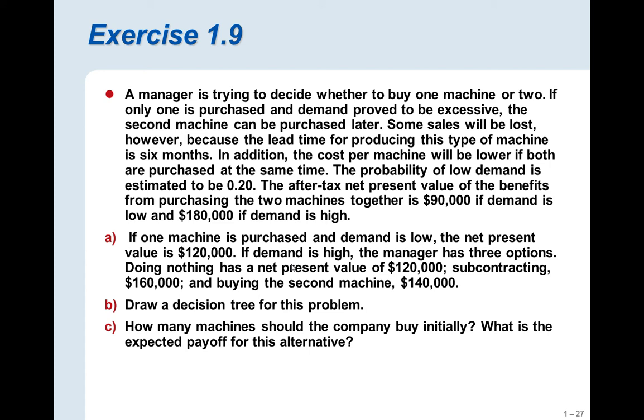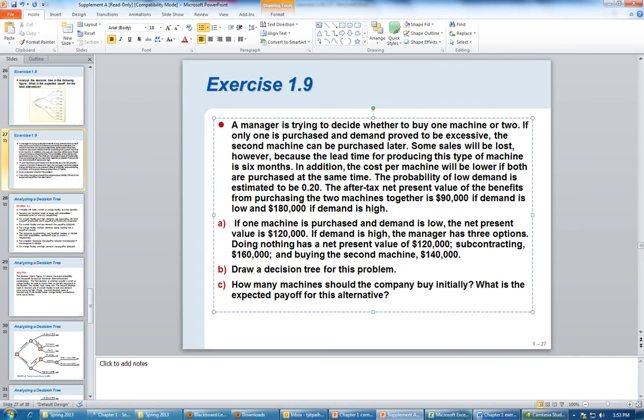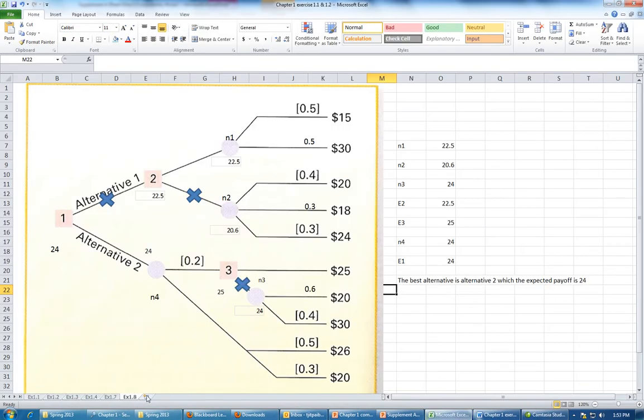And what we need to do is interpret this information into a decision tree. So I hope that you follow this exercise with me. So we're going to go back to my exercise.